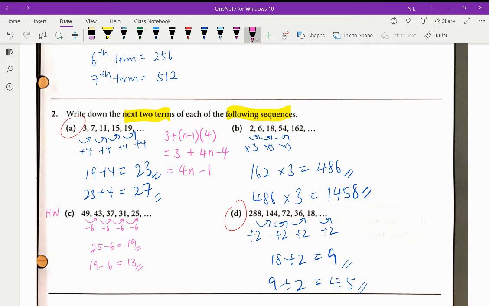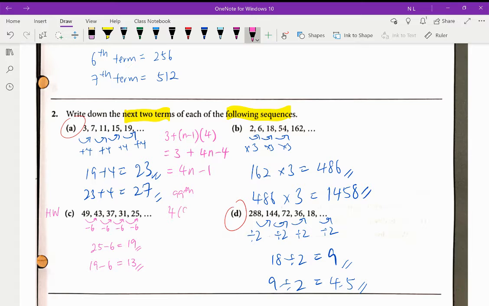So this is our expression in terms of n. If you don't believe me, you can replace n with 1. You'll notice that 4 times 1 minus 1 is 3, which is the first term. 4 times 2, which is 8, minus 1 is 7, which is the second term. And now using this expression, I can directly find the 99th term almost immediately.